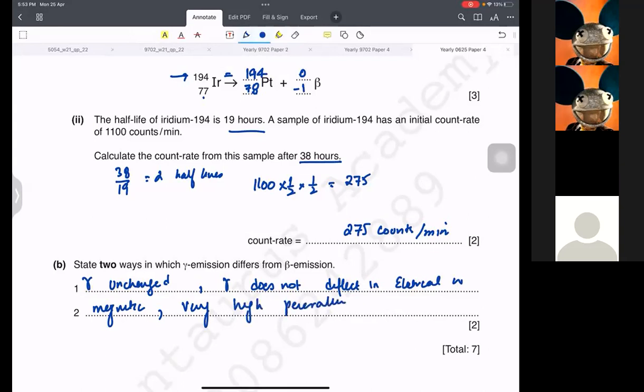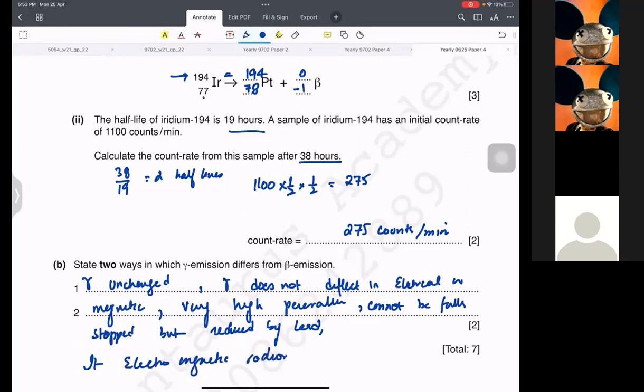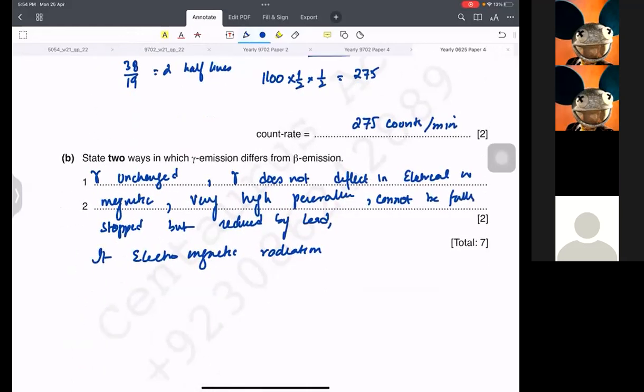It cannot be fully stopped, but reduced by lead. It is electromagnetic radiation. Okay, what else about it? No mass. And I think that's it.